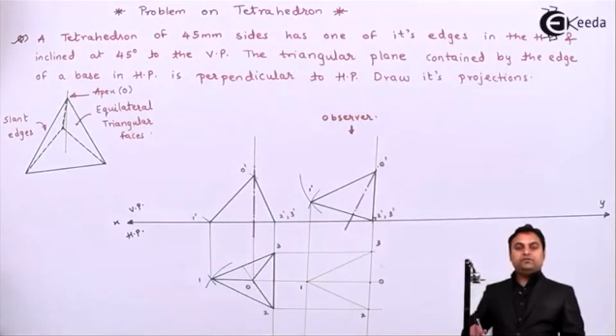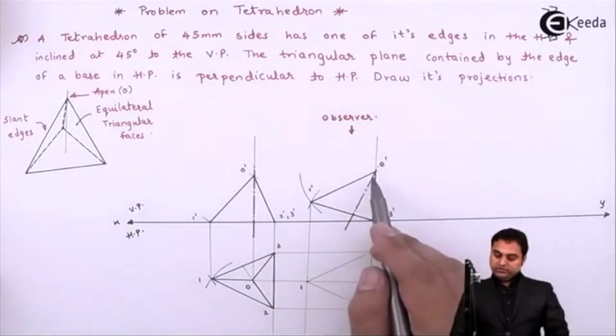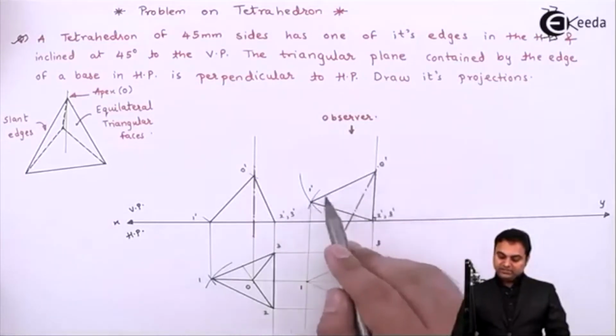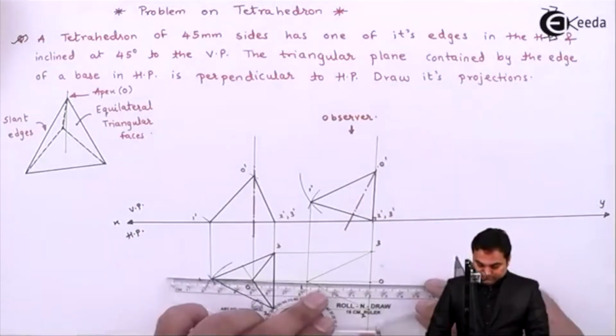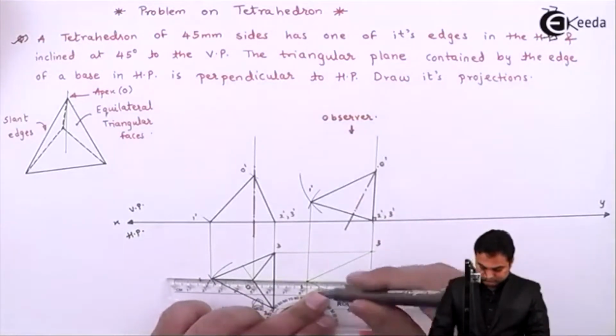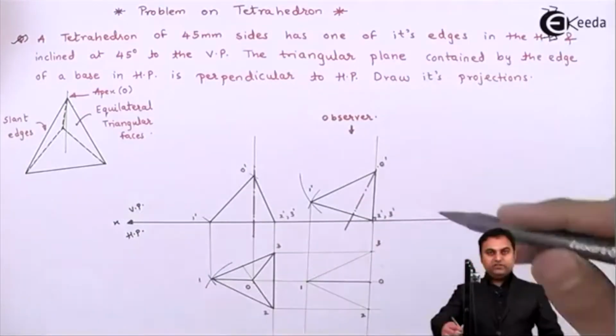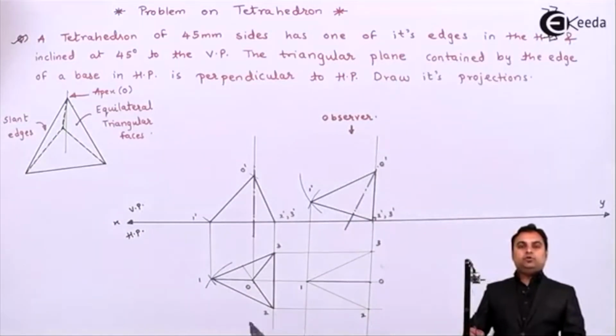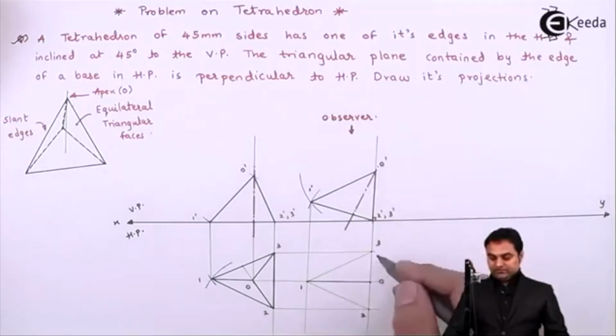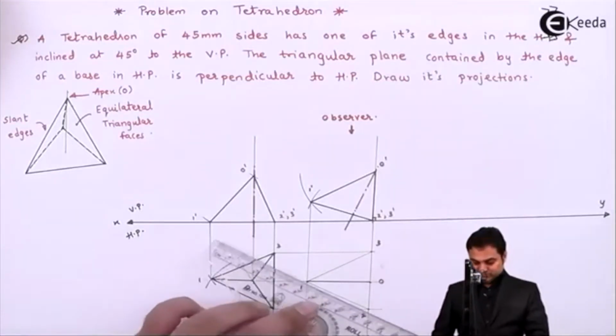As an observer, when we are looking from the top, this edge O dash to 1 dash is visible. So it will be made dark. Then even the edges 1 to 3 and 1 to 2 will be visible from the top view, and at the same time, since they are forming the outline, they will be dark.